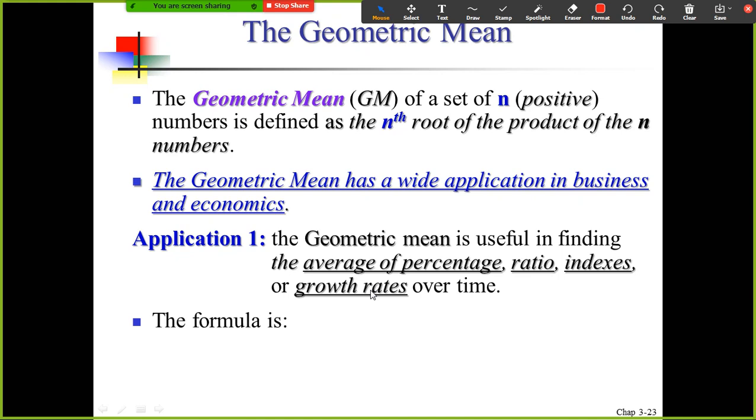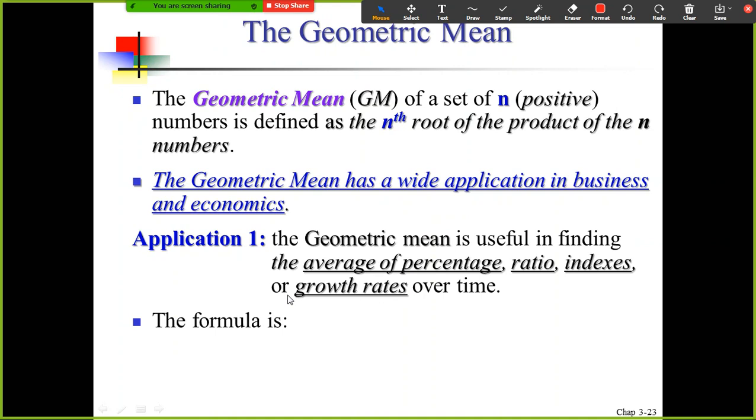So in the first case, we use the geometric mean to find the average of percentage, ratio, indexes, or growth rate from period to period, that means over time.